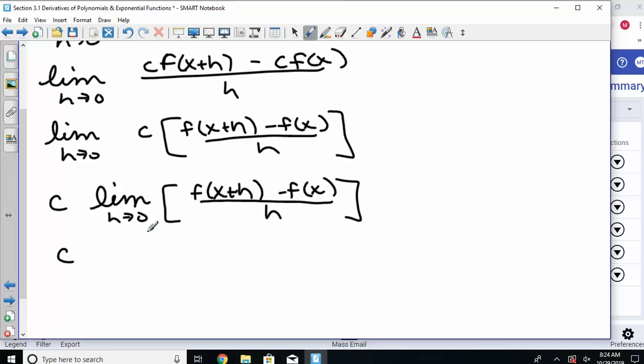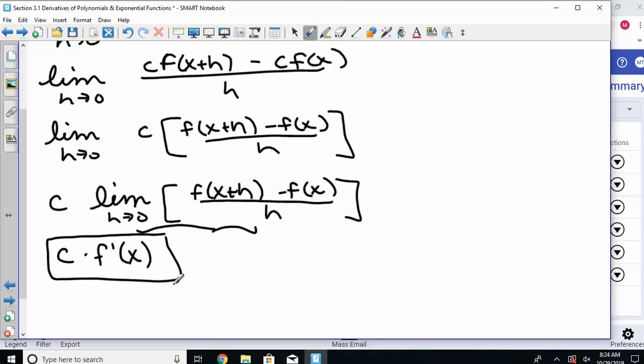So I have c times, and this is the definition of f prime. So we proved that the derivative of g is just that constant times our f prime. Questions there?